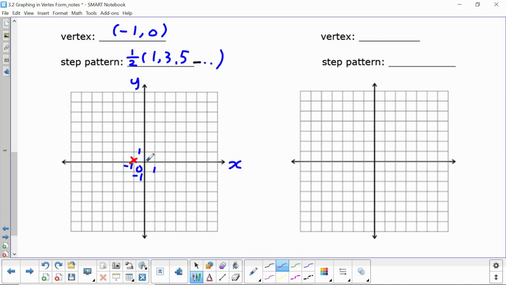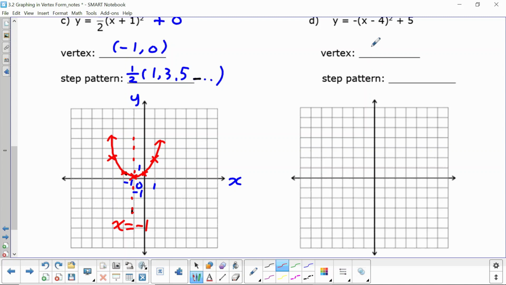Right 1, up 0.5. Right 1, up 1.5. The axis of symmetry is here. And find the symmetric points: right 1, 2, then left 1, 2. Then connect them. Then it's done.